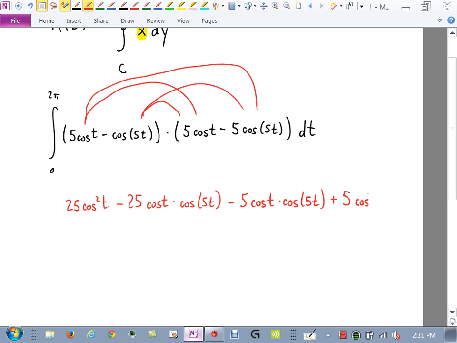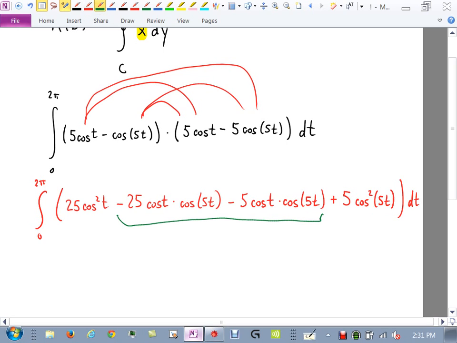Cosine squared 5t. And then all of that dt sitting inside this integral 0 to 2 pi. These middle two are like terms, right? Those are the same. So that's negative 30 of those.